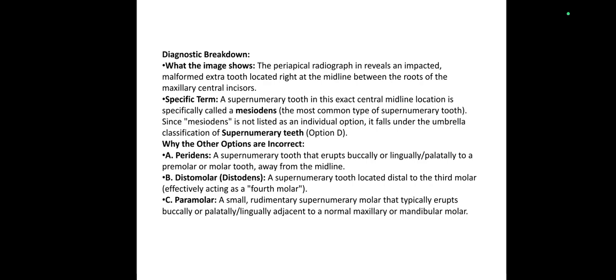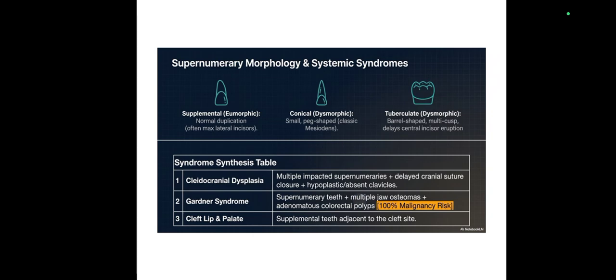Let's review the syndrome synthesis table because these are highly tested. Cleidocranial dysplasia: look for multiple impacted supernumerary teeth, delayed cranial suture closure, and hypoplastic or absent clavicles.